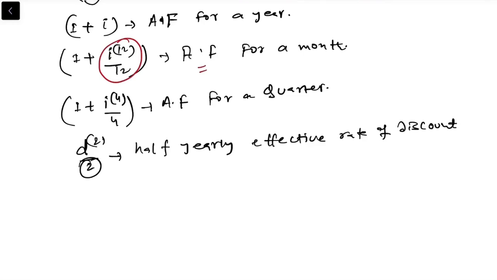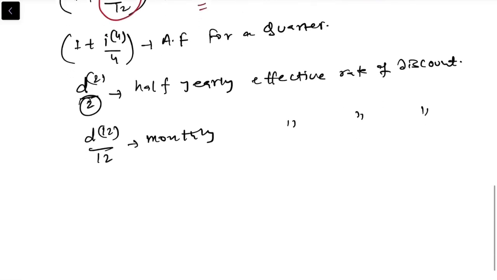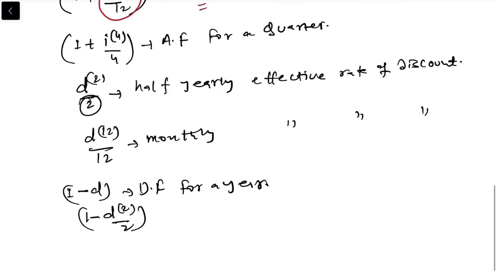If it is given d(12) divided by 12, that means monthly effective rate of discount. All right, and then 1 minus d is the discounting factor for a year, and similarly 1 minus d(2) divided by 2 is discounting factor for a half year.